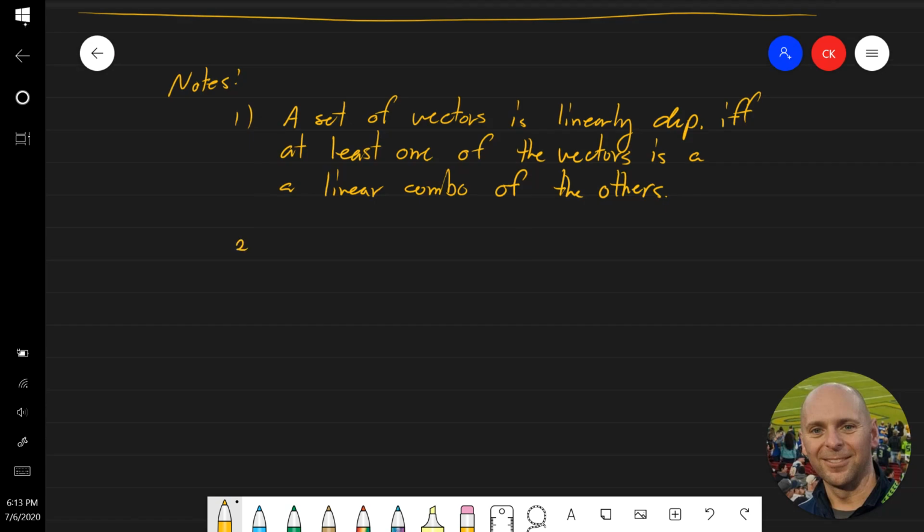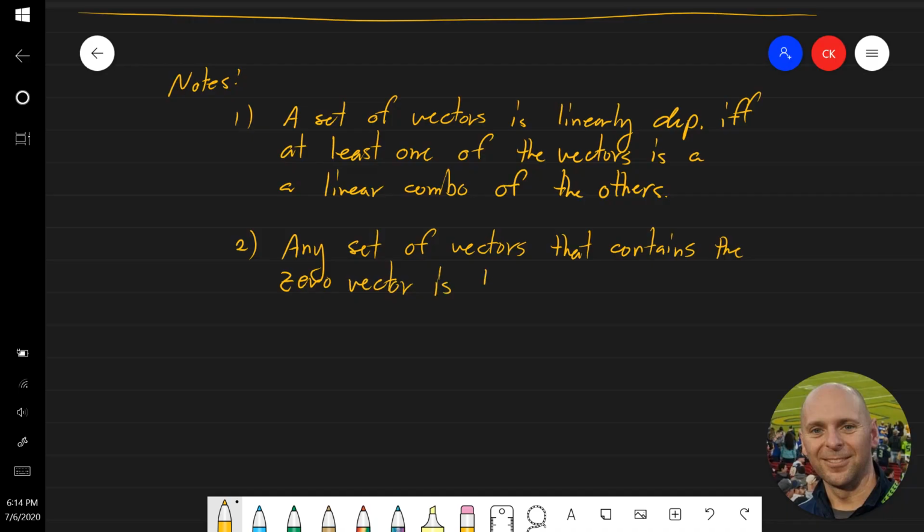The second note: any set of vectors that contains the 0 vector is linearly dependent.